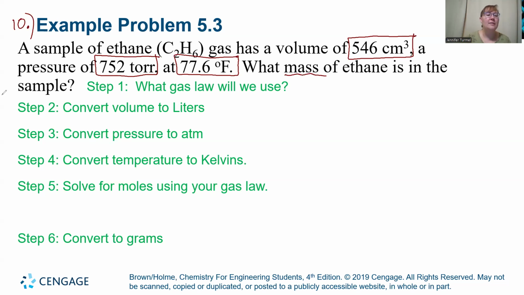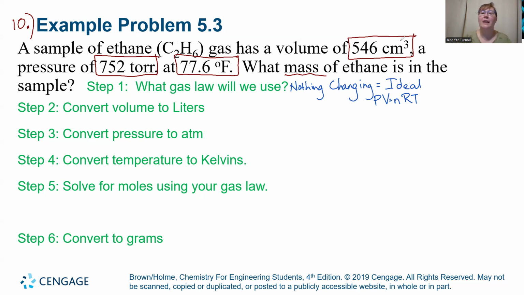So our first thing here is it says, what law do we use? Okay, so first of all, nothing is changing. So that means that we're going to be using the ideal gas law, and the ideal gas law, remember, is PV equals nRT. All right, now step 2 here tells us to convert to liters.